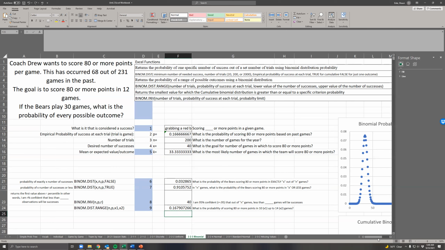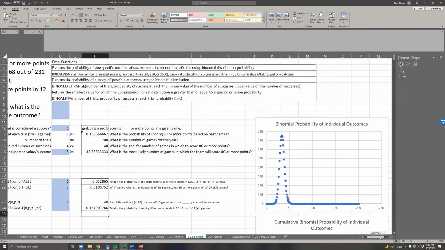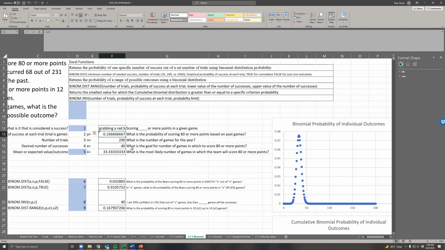And once again, you can see every single time that you change it. So if this probability were to change, and we wanted to say, hey, what's the probability of grabbing a yellow ball? Well, it changes completely. The entire distribution shifts over, and the probable outcomes are going to be on the other side.